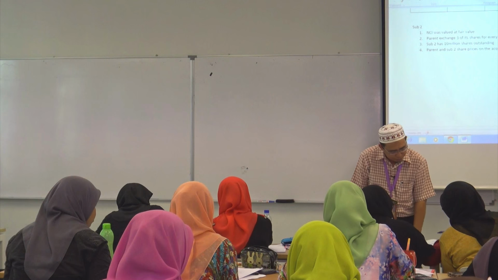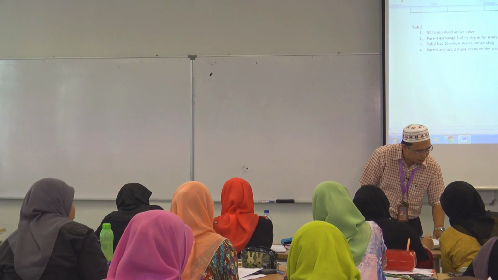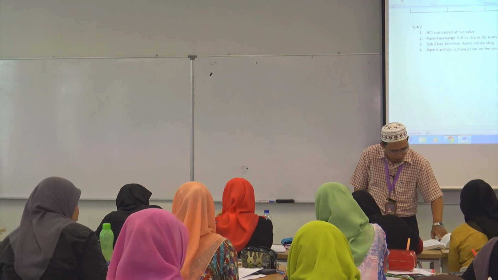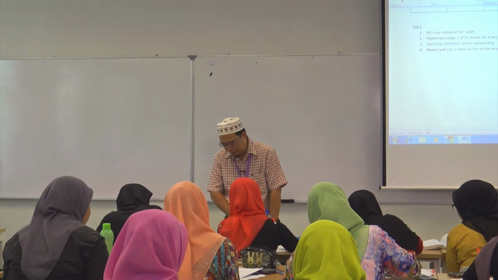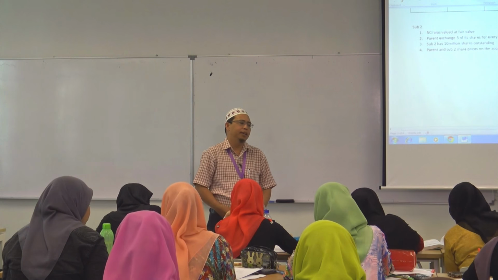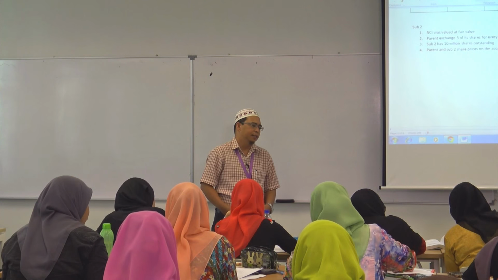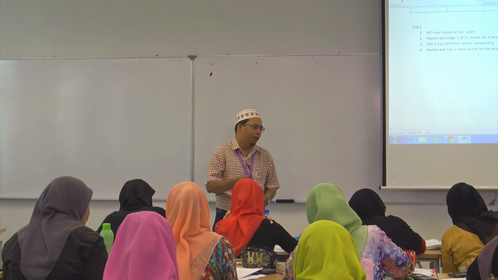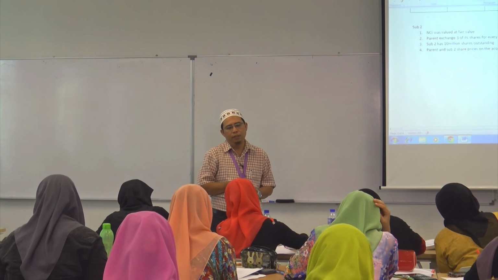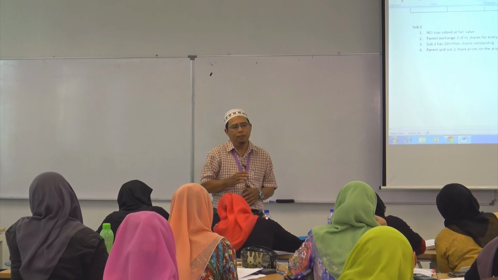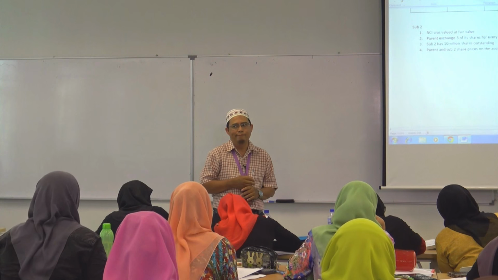On top of page 359, A, B, C, D: it can be cash, can be shares, can be a combination of cash and shares, and also contingent consideration. I need you to understand this because I may ask you.